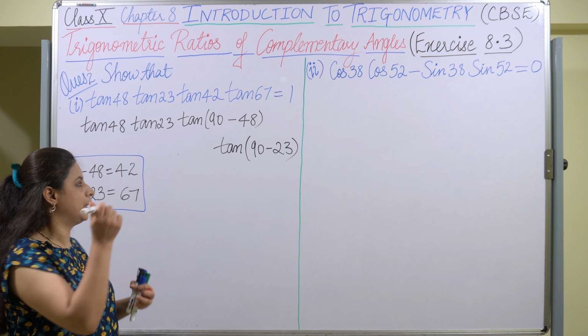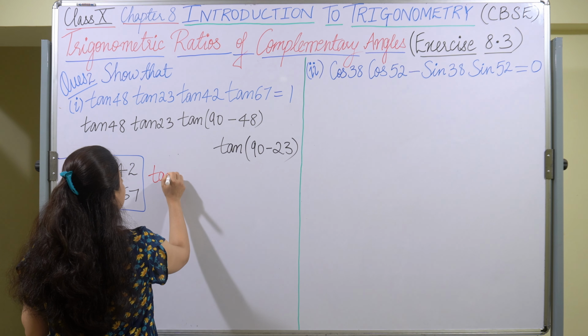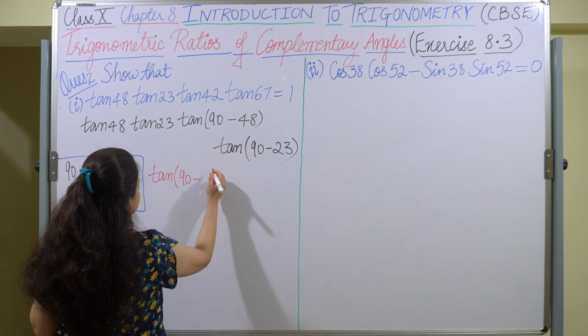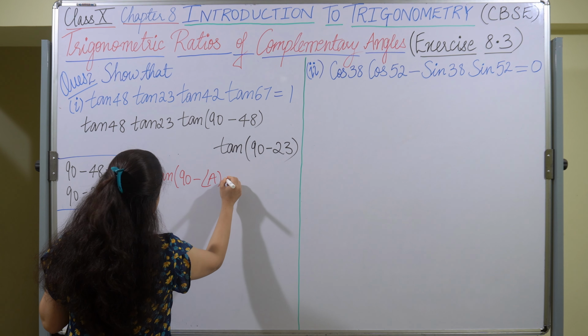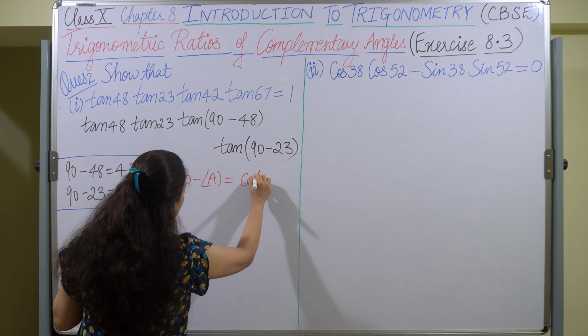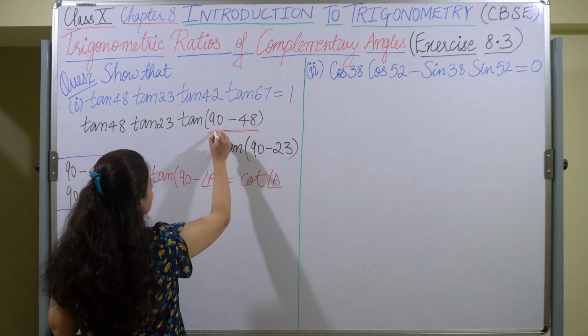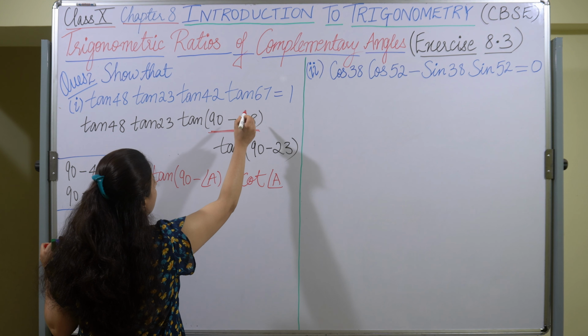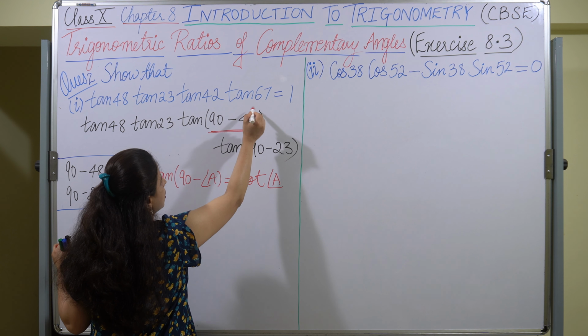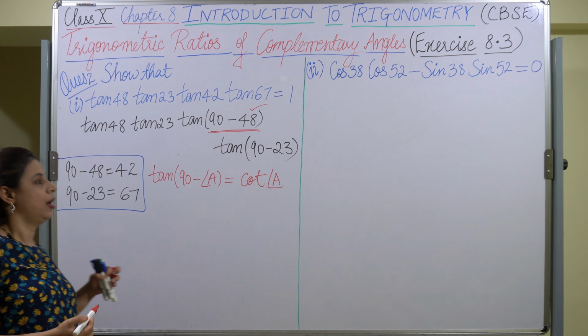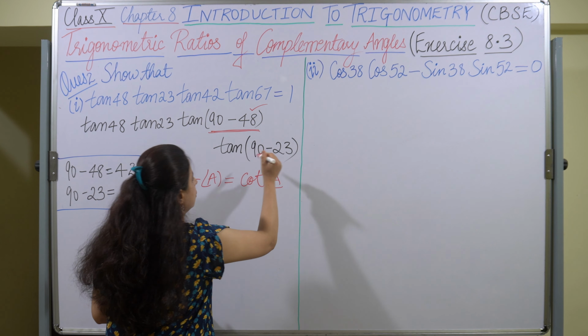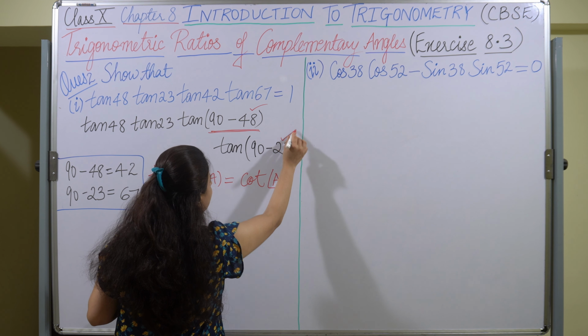Now we already know that tan 90 minus angle A is always equal to cot angle A. In the first expression the angle A is 48, and in the second expression the angle A is 23.